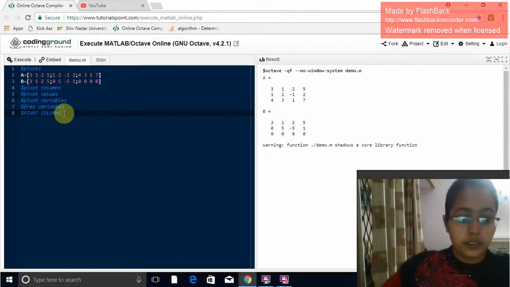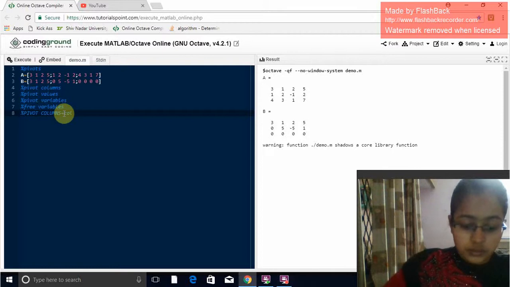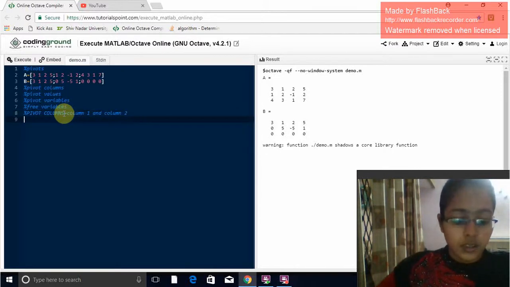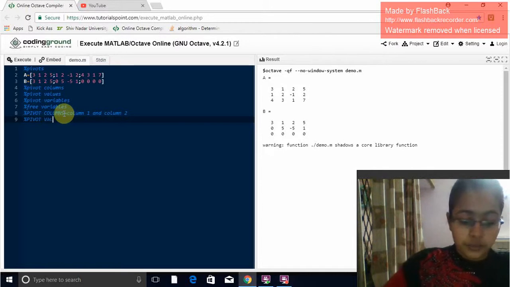So our pivot columns are column 1 and column 2. What are our pivot values? Our pivot values are 3 and 5.